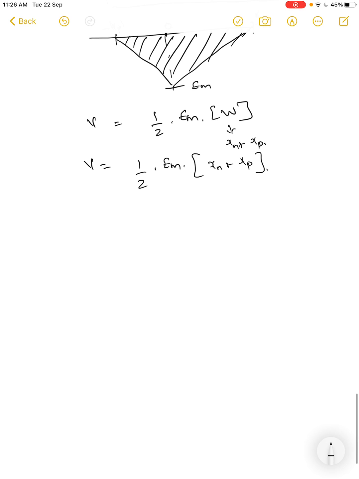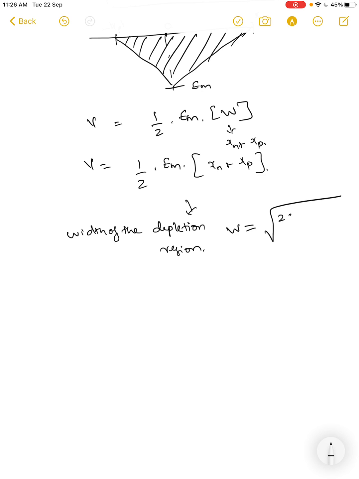From here you can prove that the actual width of the depletion region W is equal to the square root of 2 epsilon by Q, NA plus ND by NA ND, into V naught, V naught being the depletion potential, right? So this is the width of the depletion, and this is given as your homework, to show that this expression is indeed true. You can easily derive it from what we have done till now, right?